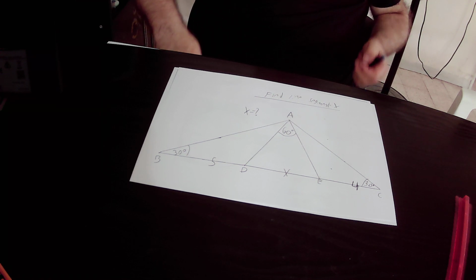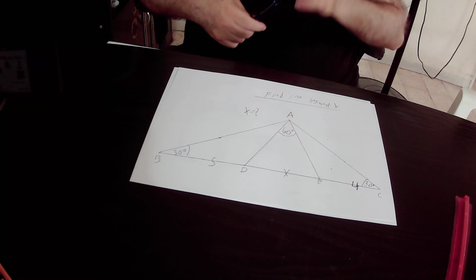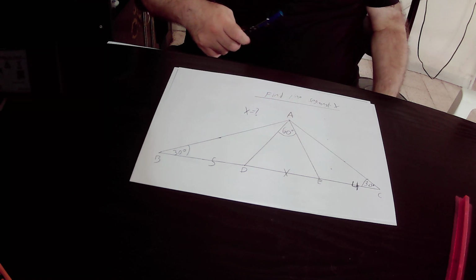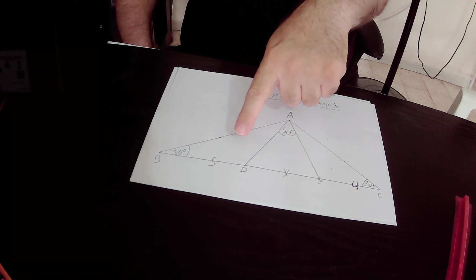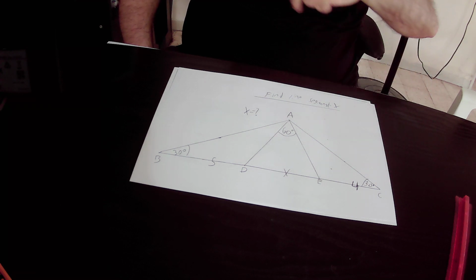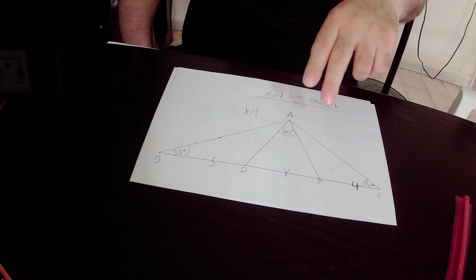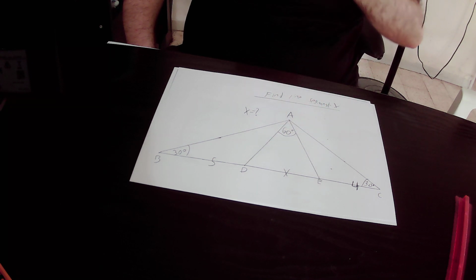And we also know that this angle DAE equals 60 degrees. And line segment BD equals 5 units, and line segment EC equals 4 units. And our mission is to find out the length of line segment DE that is equal to x.